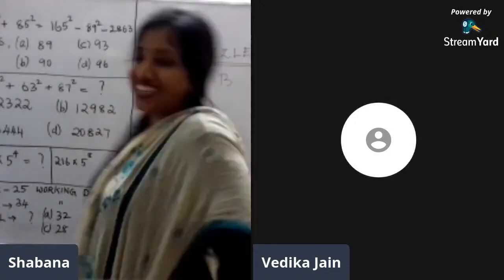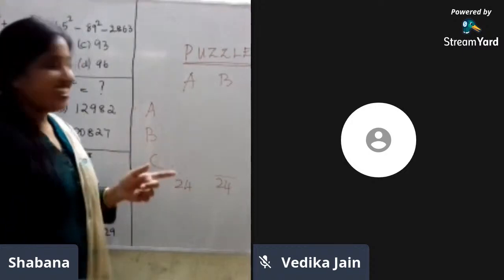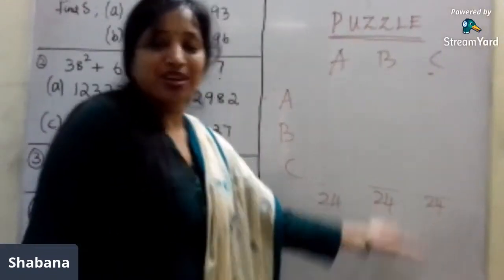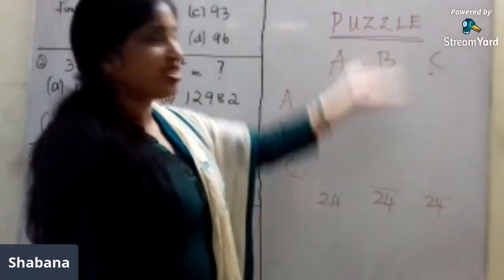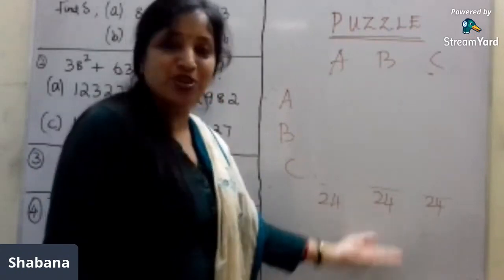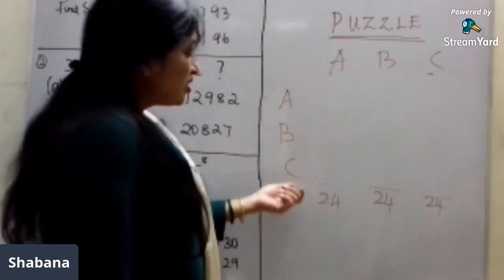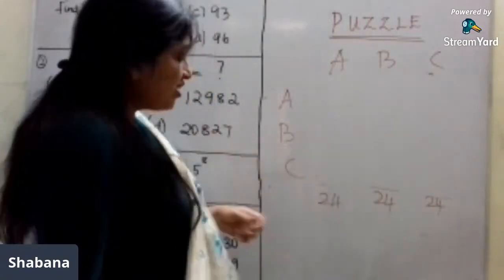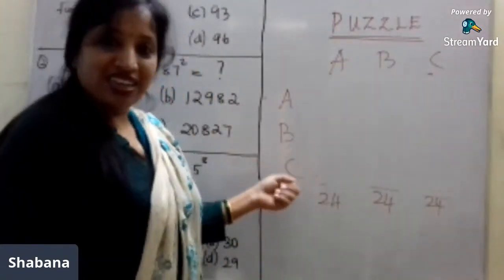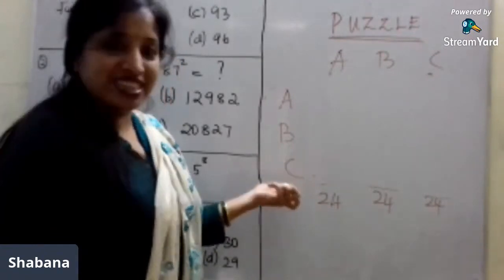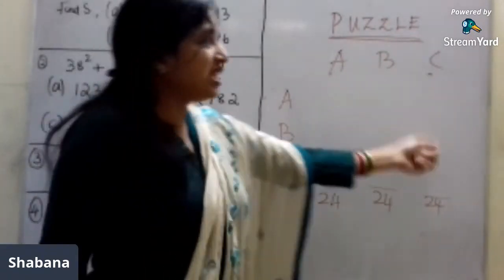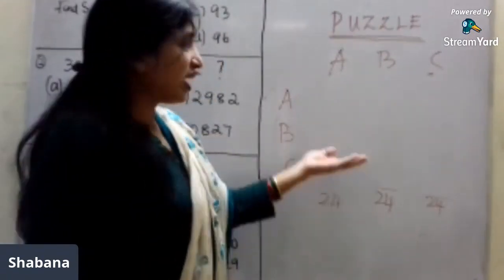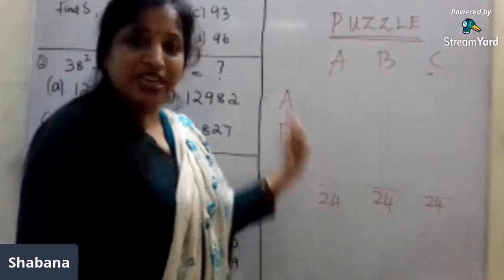Okay, to solve it, right? All right, now listen. See, I'm going to start from the bottom. I'm not going to start from the top. This is my major clue. So, since each of them had 24 tractors at the end, and it is going to be C's turn at the end, the last turn is C's. So, of course, C has lent the tractors to A and B, as many as they already have.